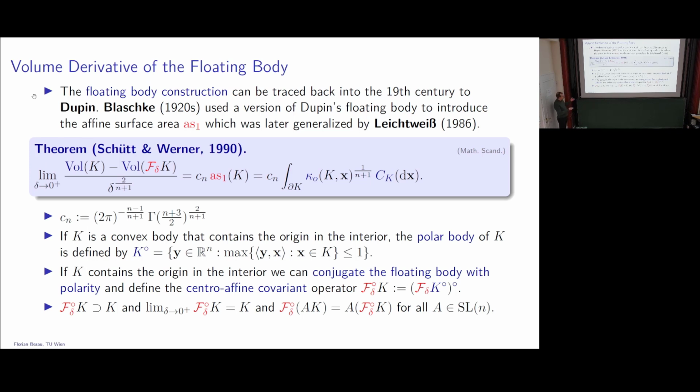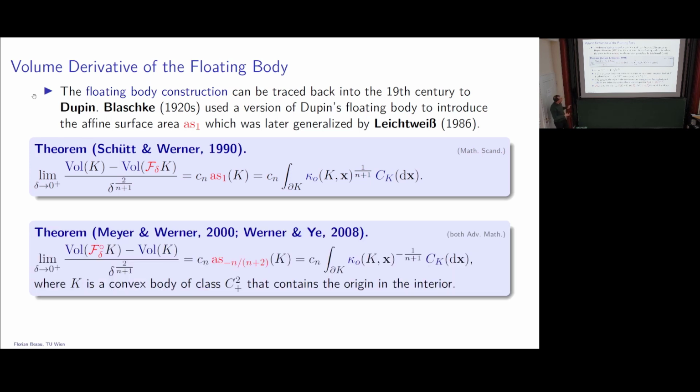Because the polar body is a centro-affine contravariant notion, and you do it twice, it becomes centro-affine covariant. And the floating body, as we said, was affine invariant, so actually this construction gives you a centro-affine way to associate an outer parallel body to K.